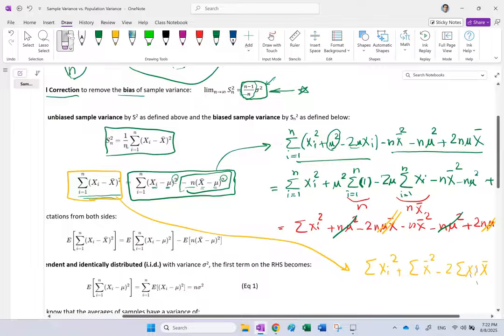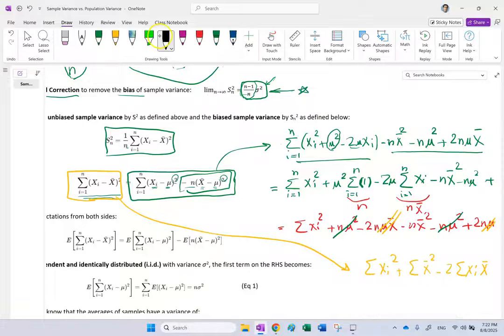Okay, now what? x bar has nothing to do with the summation. It's a constant. You can bring it out. So x bar squared comes out. It's going to be the summation of 1, which is n. So this one is going to be n x bar squared.